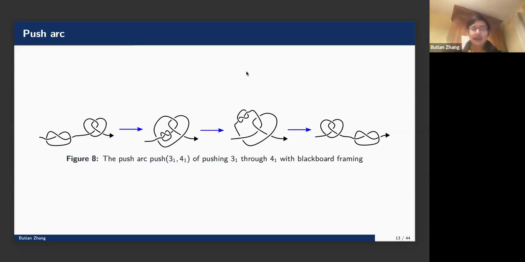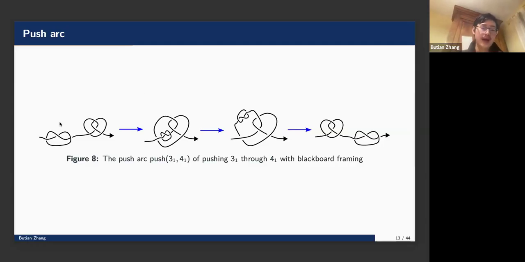And for more complicated knots, we actually have more loops or arcs. For example, if we have connected sums of different knots, here I draw the figure 8 connected sum with the trefoil.